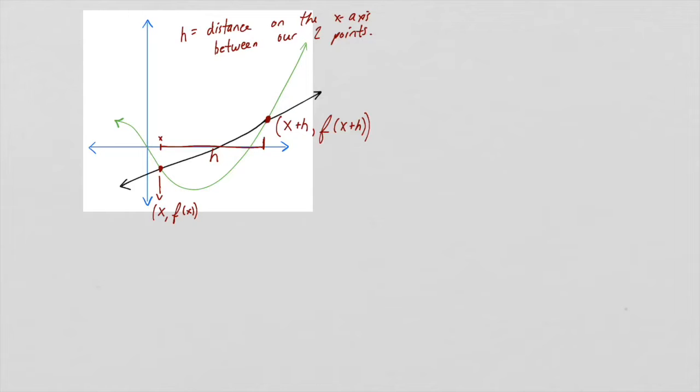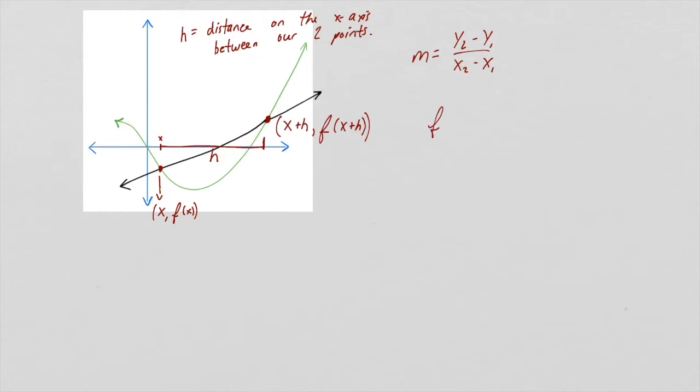Now, when we look at slope, we knew slope m is y2 minus y1 over x2 minus x1. We're going to look at this as x1, y1, and this as x2, y2. So the first thing we do is find the difference between the two y coordinates: f of x plus h minus f of x.